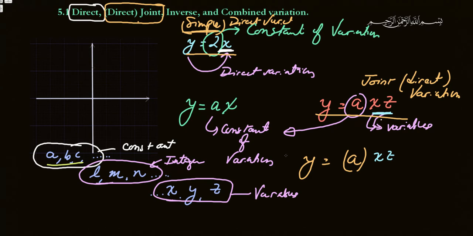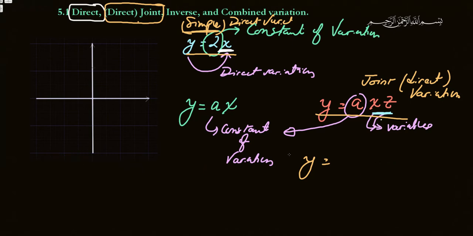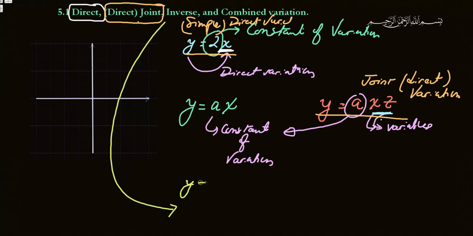Then there are two other categories that we have to study, and those are the inverse variation and combined variation. So when variables are inversely related, the relationship between them is like this: a over x.